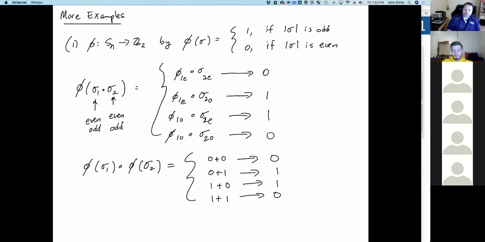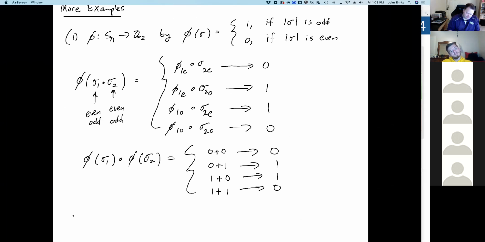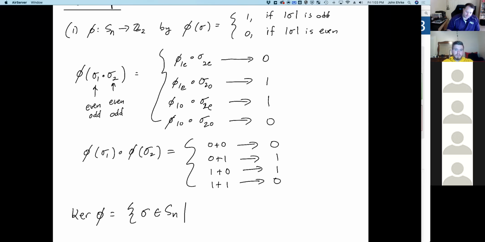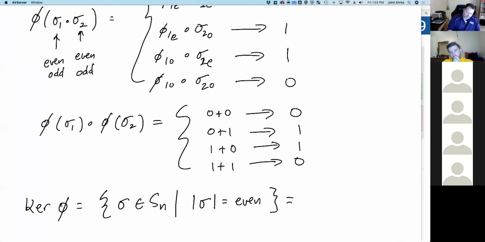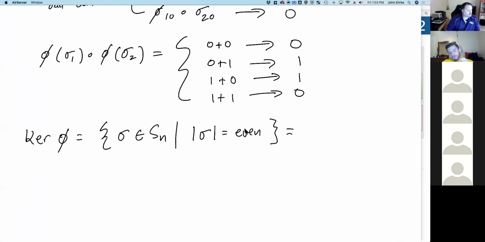What is the kernel of this homomorphism? It's the set of all sigma in Sn such that what's true? What gets mapped to the identity? Anything that's even. We have another name for that. What is the group that we've studied this semester, which consists of all of the even permutations of Sn?